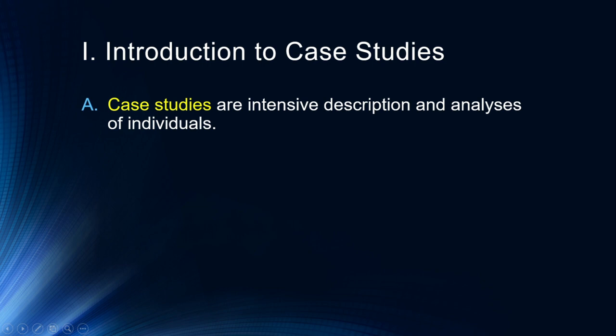These are intensive descriptions and analyses of individuals or a couple of individuals. Probably one of the most classic collections of case studies is Oliver Sacks' book, The Man Who Mistook His Wife for a Hat, which are really well-written, interesting discussions of individuals with various brain disorders that I talk about in other classes, I should say.